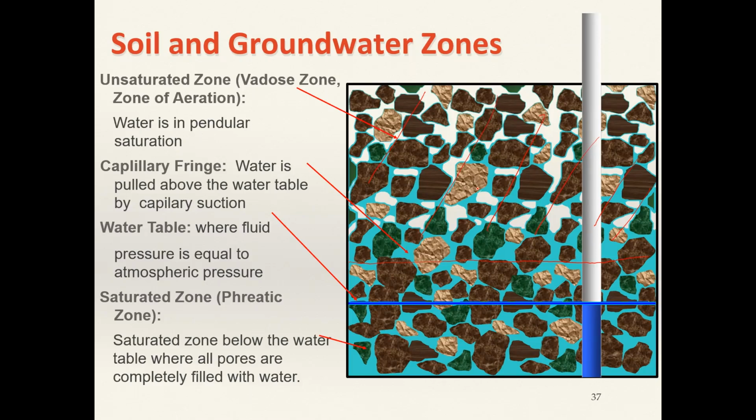That is why it is called the unsaturated layer, right? The area below the water table is called the saturated layer. This saturated layer is completely filled with water. All right, is it clear?